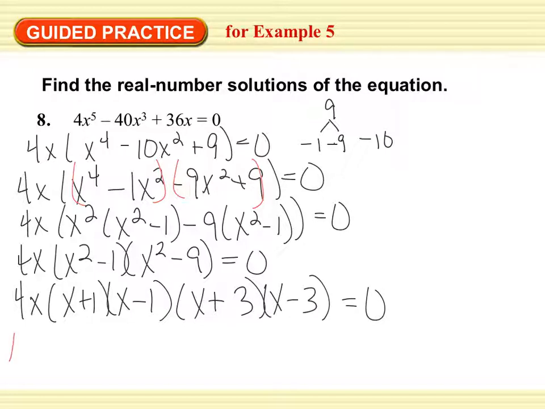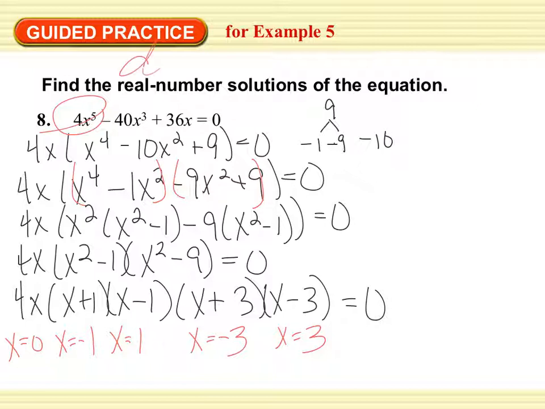So x equals 0, x equals -1, x equals 1, -3, and 3. It's a 5th power, so my degree is 5, and I have 1, 2, 3, 4, 5 solutions.